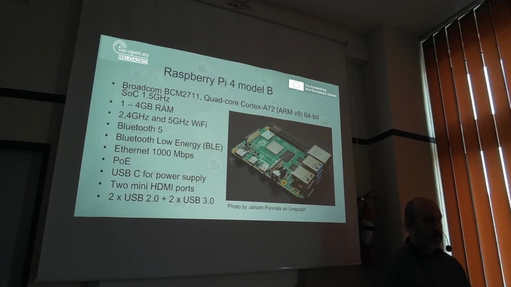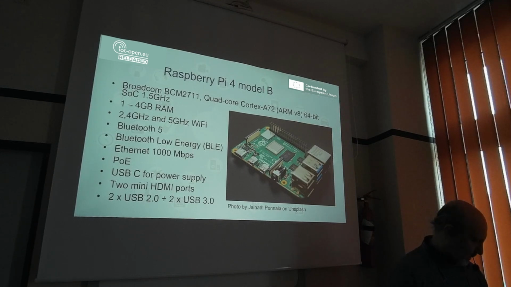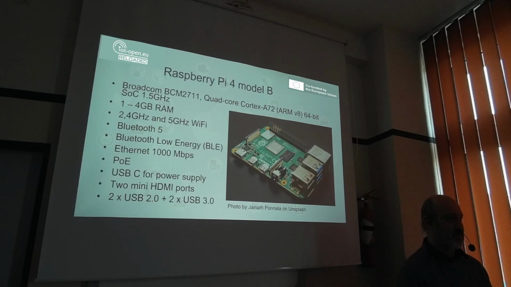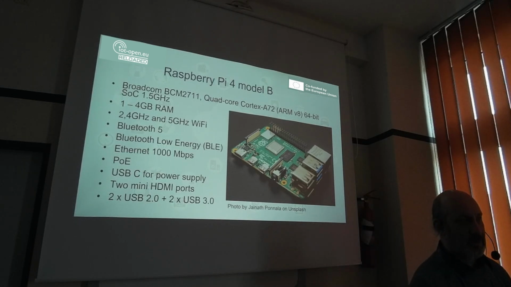Gigabit Ethernet, 2 HDMI ports, so we can even connect 2 monitors to this, and USB 3.0, so this is quite a powerful computer. And because it's powerful, it consumes a little bit more power than previous versions, and of course more than Arduino computers.